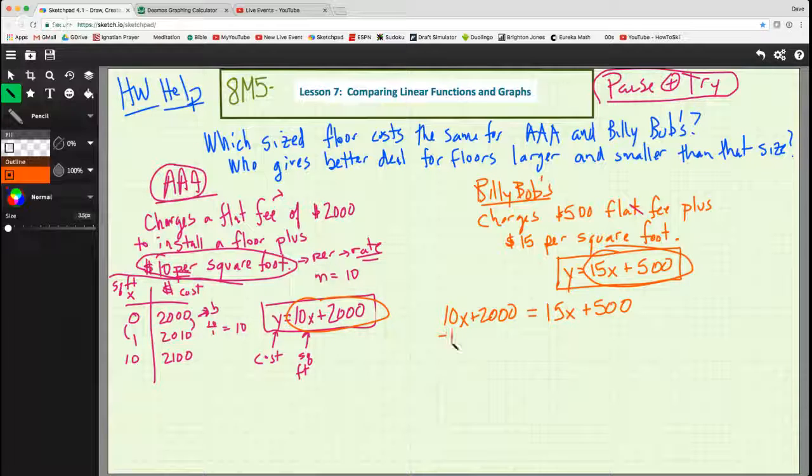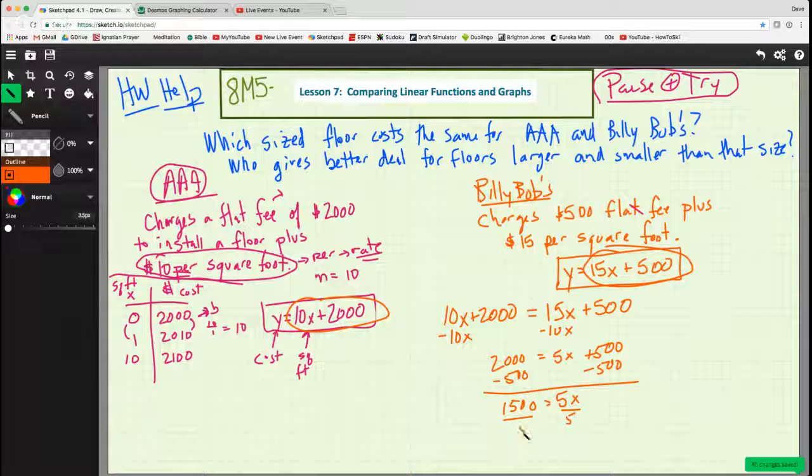So now we're going to subtract 10x from both sides, and we get 2,000 equals 5x plus 500. Subtract 500 from both sides, and we get 1,500 equals 5x. So x is equal to 300. 300 what? x equals 300 square feet.